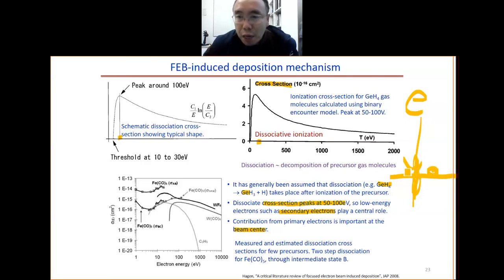The nearby areas are handled by secondary electrons. But for the beam center, the primary electrons are also important because their number is so high there.